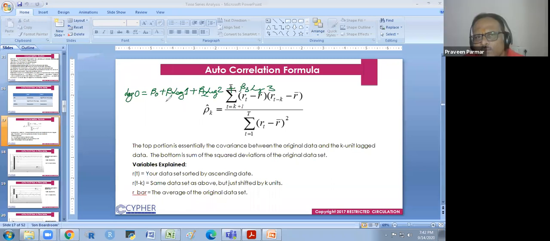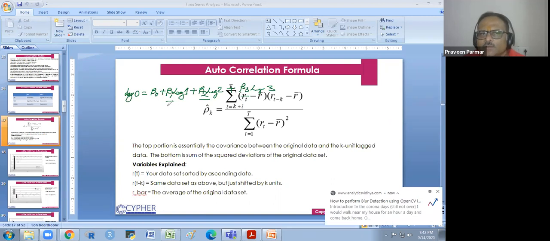So whatever coefficients I will get, this beta 1, beta 2, beta 3, this would be my PACF, the partial autocorrelation factor. Who has read about linear regression already knows what beta 0, beta 1, beta 2, beta 3 mean.